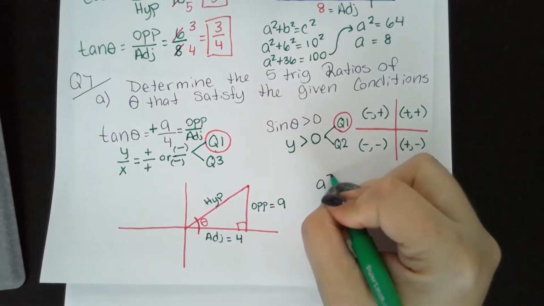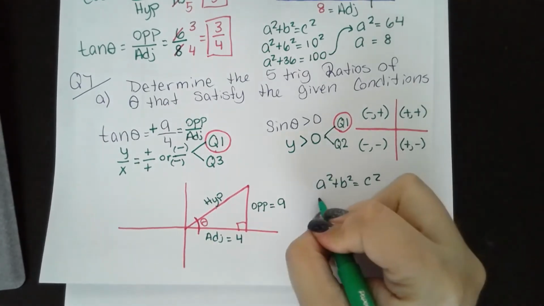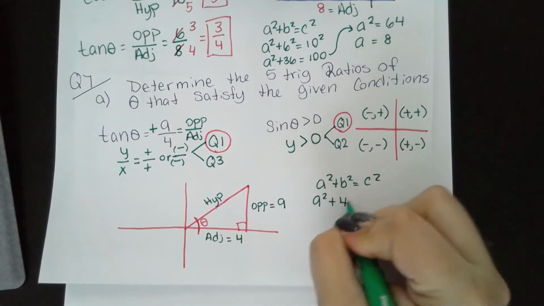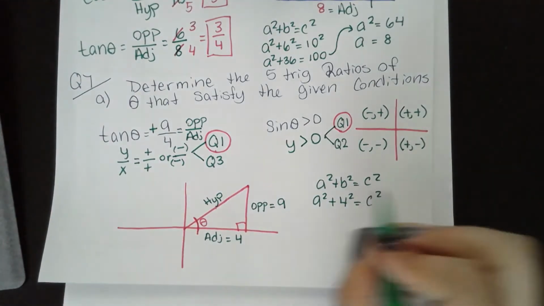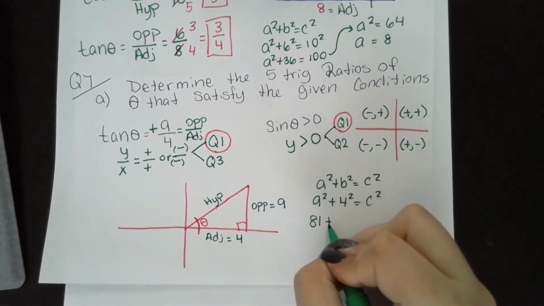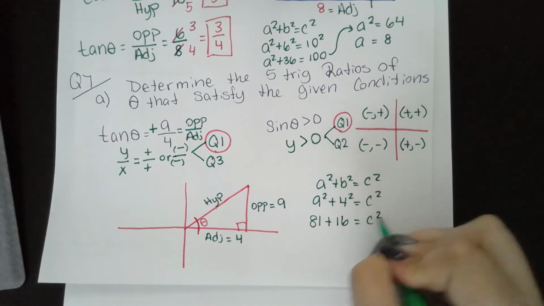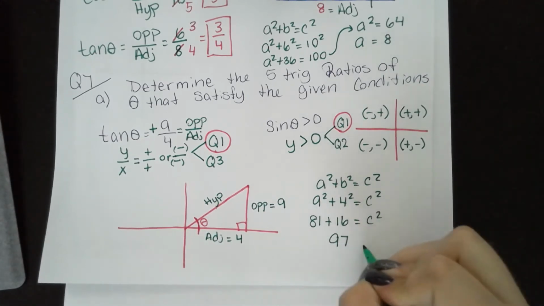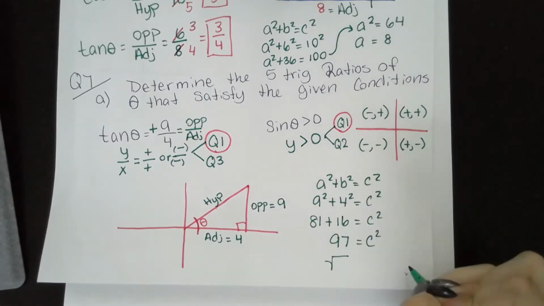That's going to be a squared plus b squared equals c squared, which is 9 squared plus 4 squared equals c squared. That's 81 plus 16 equals c squared. That would be 97 equals c squared.